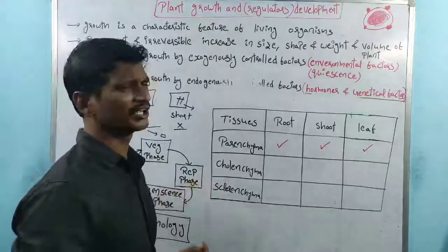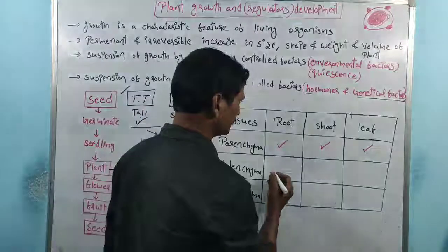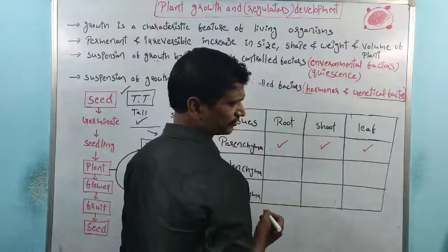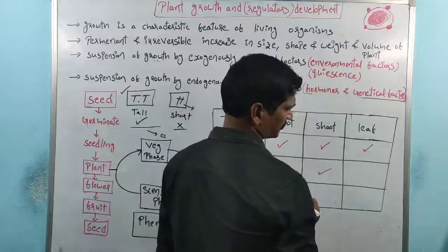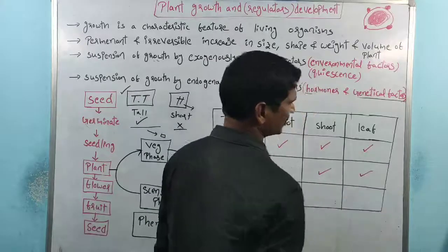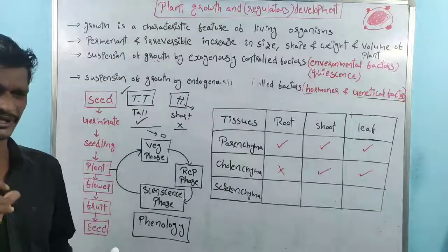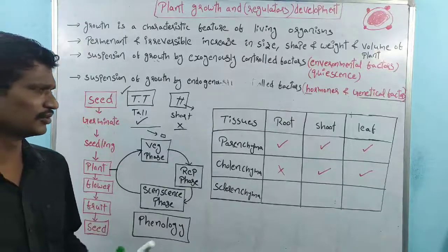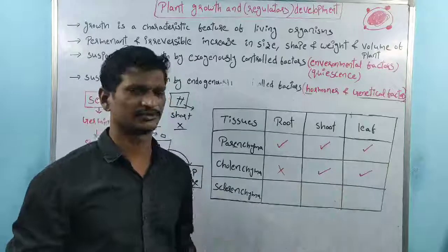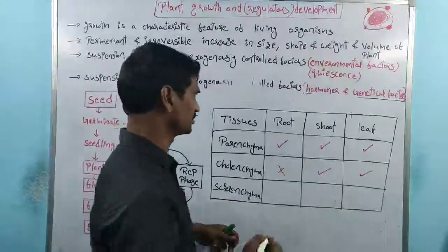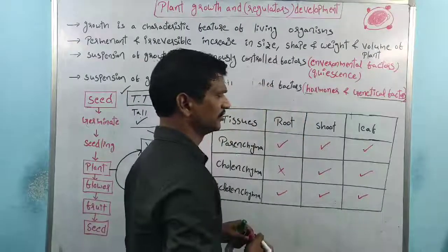Next is the collenchyma. Collenchyma is absent in roots, present in shoots, and present in leaves.